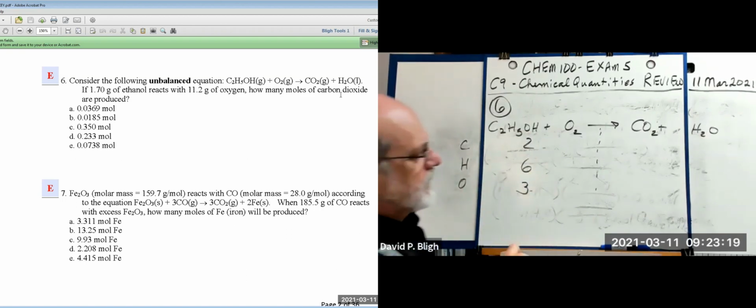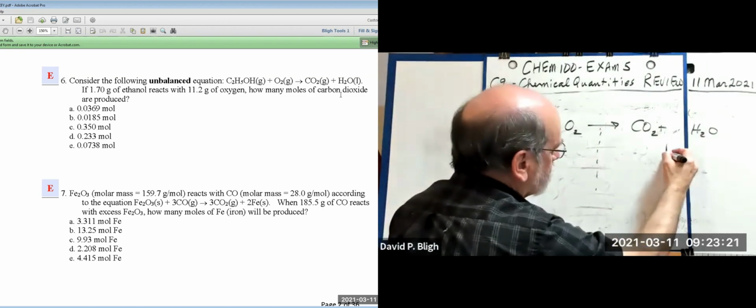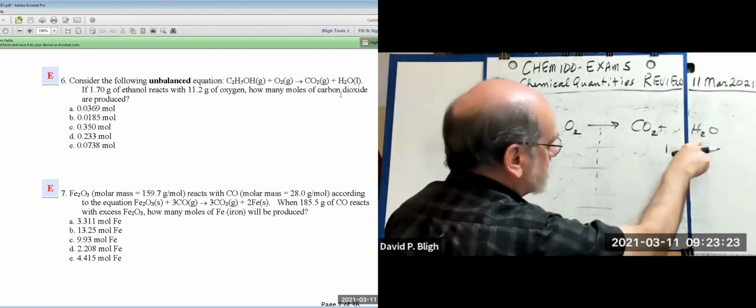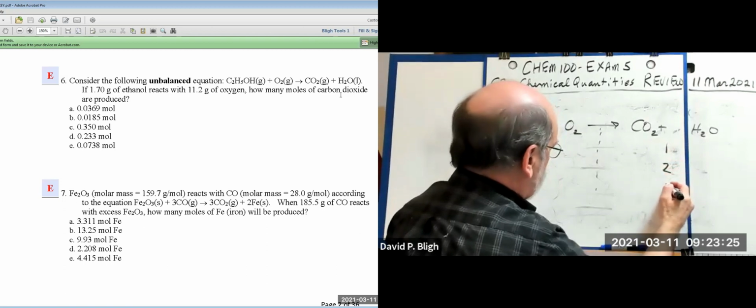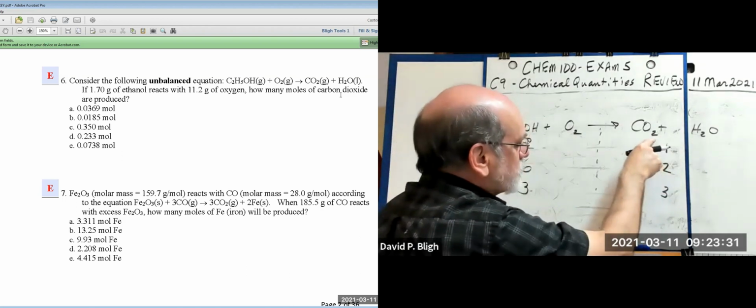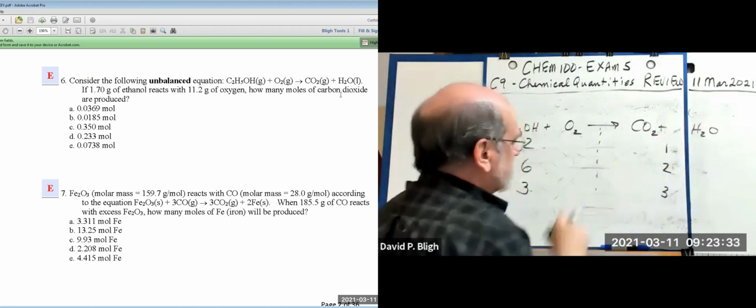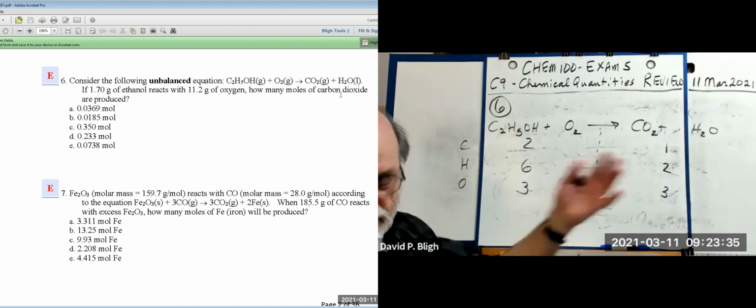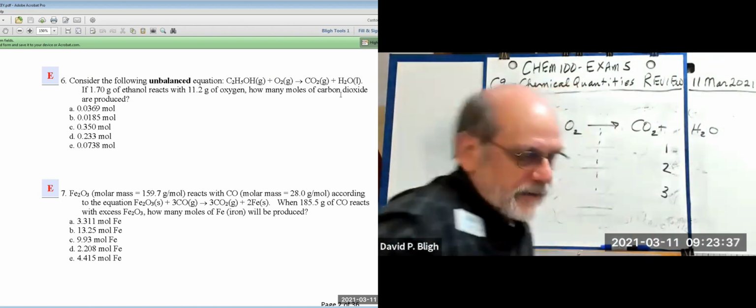Three oxygens. Now on this side, we've got 1 carbon, 2 hydrogens, and 3 oxygens. Okay, now we can work on balancing.